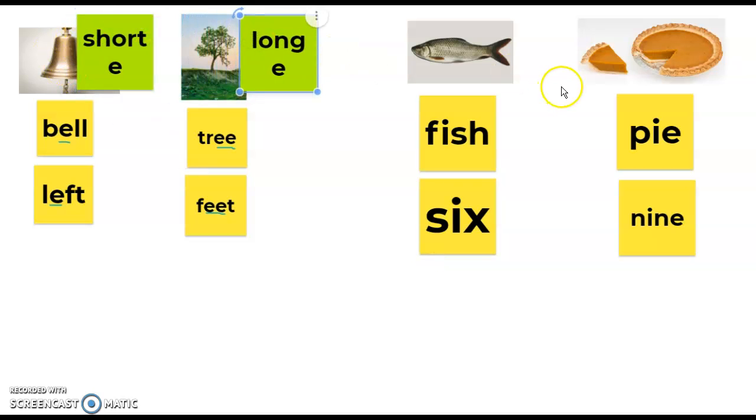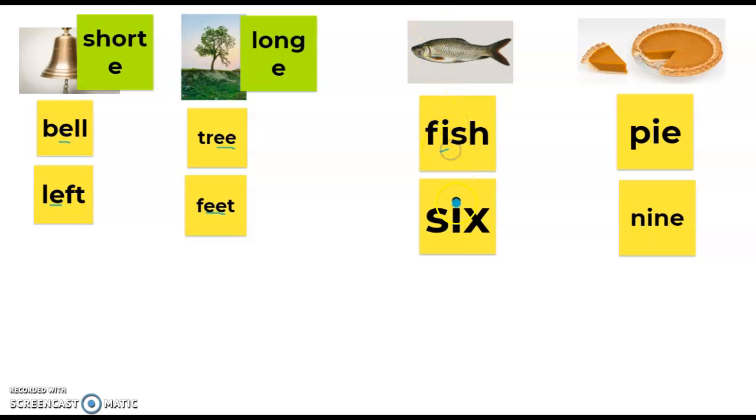Excellent job, friends. Now let's look at the words with the I in them. Fish, six. Pie, nine. What do you notice about those words? These words both have an I in the middle of them.